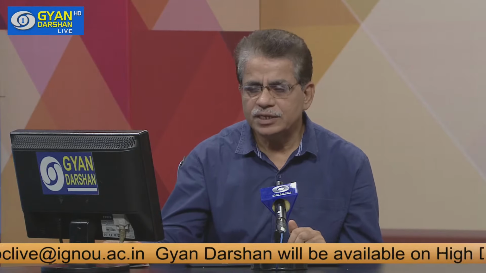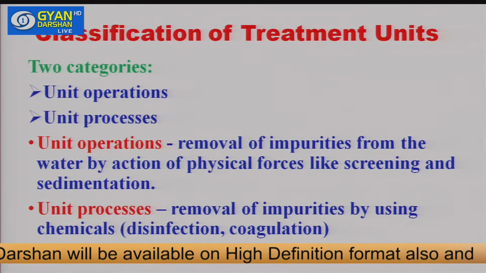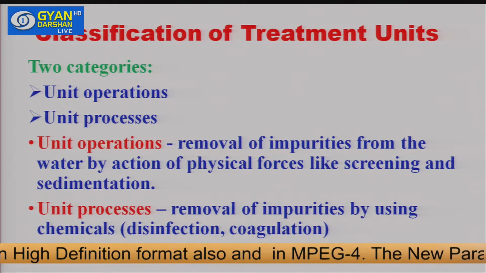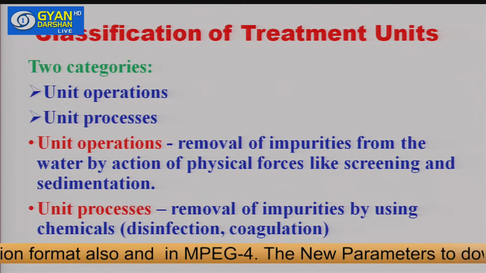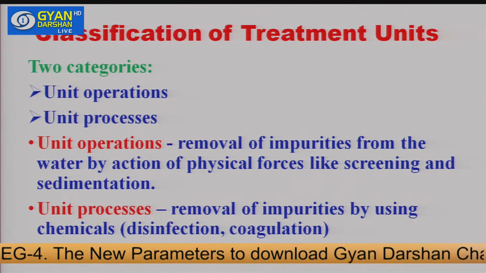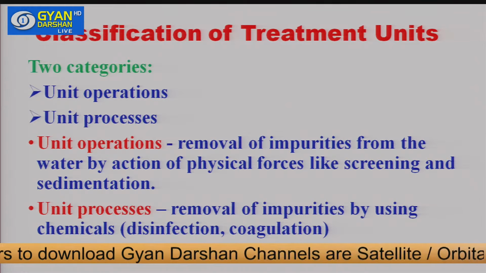The first one is unit operations and the second one is unit processes. What is the difference between them? Unit operations remove impurities from the water by the action of physical forces.